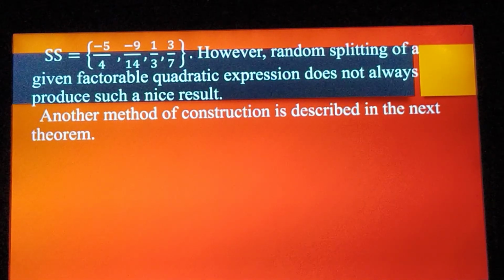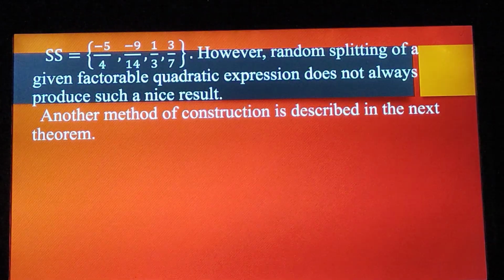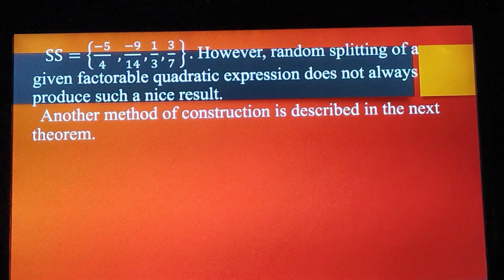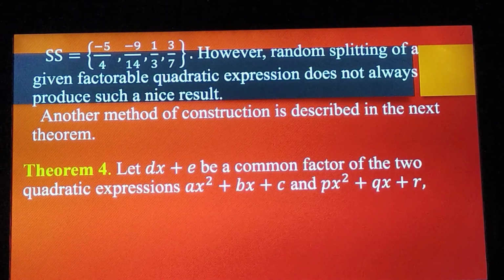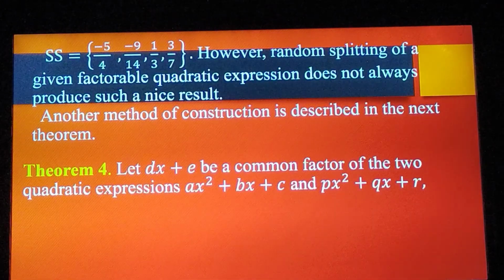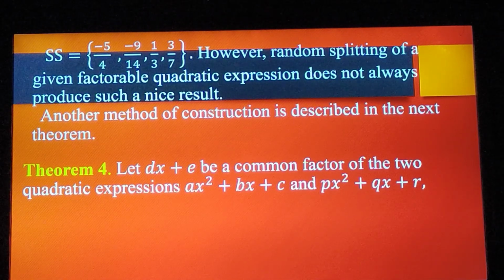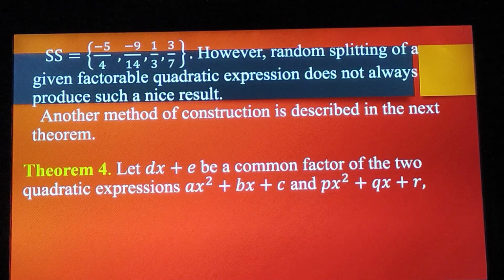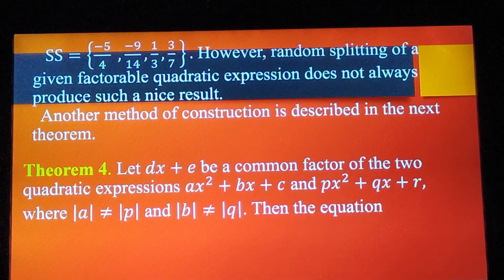Another method of construction is described in the next theorem. Let dx plus e be a common factor of the two quadratic expressions ax squared plus bx plus c and px squared plus qx plus r, where the absolute values of a and p are not equal and the absolute values of b and q are not equal.